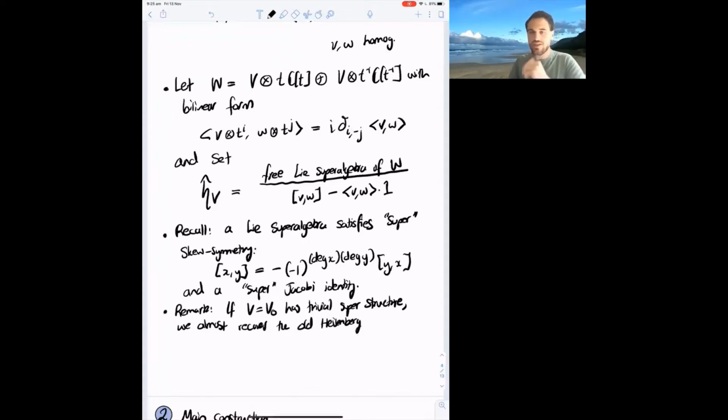But what's different is that we have no bold-faced one, and we have no V tensor t to the power of 0. As you've seen, the way we've constructed this, we've conspicuously left out t to the power of 0, or a copy of V itself inside.